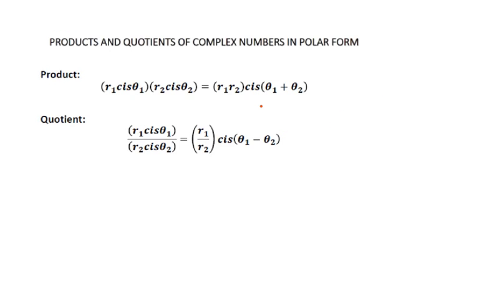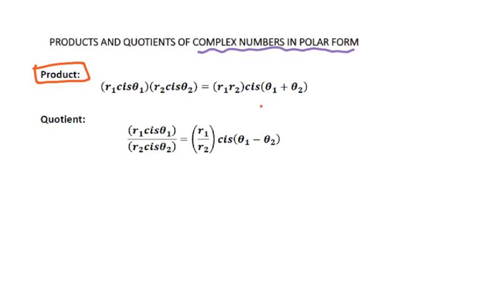Why do we use a polar system to show complex numbers? It's so easy to do the operation of a product, quotient, or in the future, we can take an exponent of a complex number. If we use polar form, it makes this operation so easy. Here is the formula for the product part.